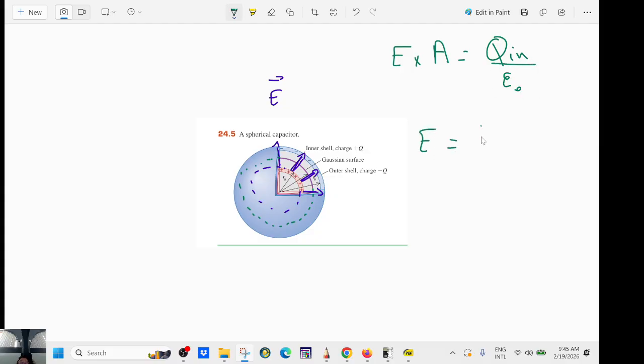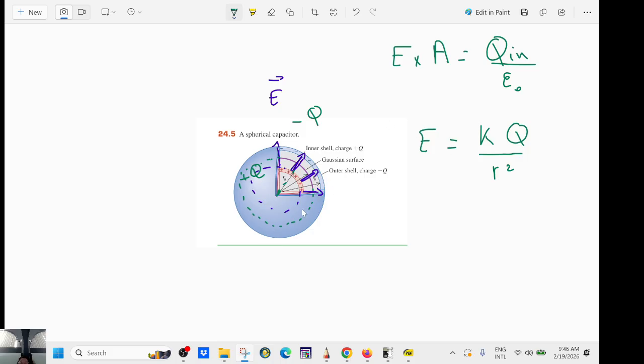And if you do that, you find that the electric field will be kQ over r squared, where here you have minus Q and here you have plus Q, it's a capacitor, and r is the distance from the center. So it means that the electric field does not care about this sphere. The electric field only cares about the source here. That's a consequence of Gauss' law, which is a consequence of Coulomb's law.